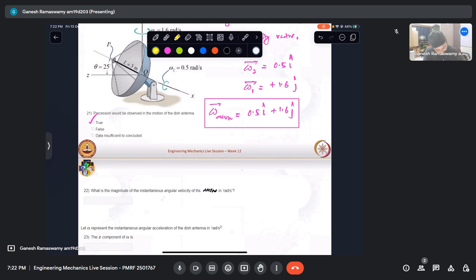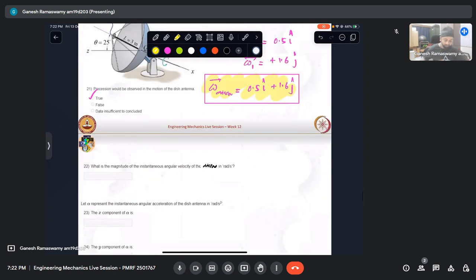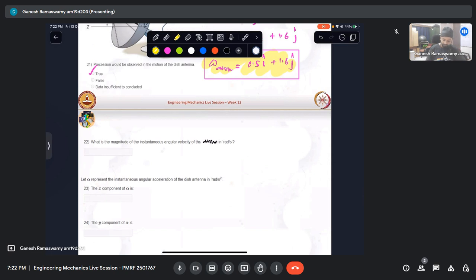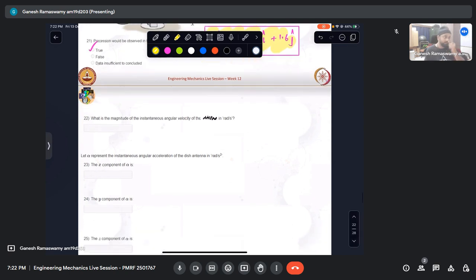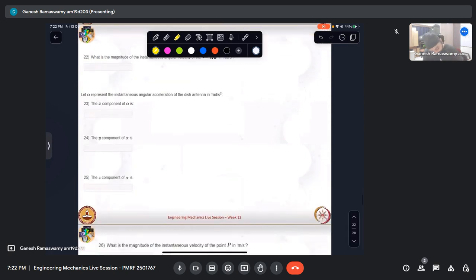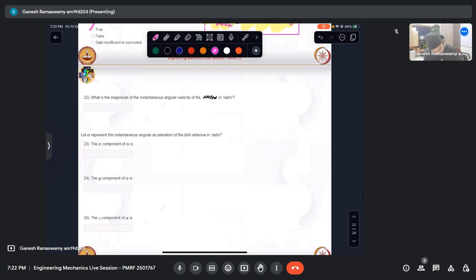Now we have been asked the magnitude, so we can see what that is. 0.5 squared plus 1.6 squared, square root, so it is 1.676. So the magnitude of this is 1.676 radians per second.